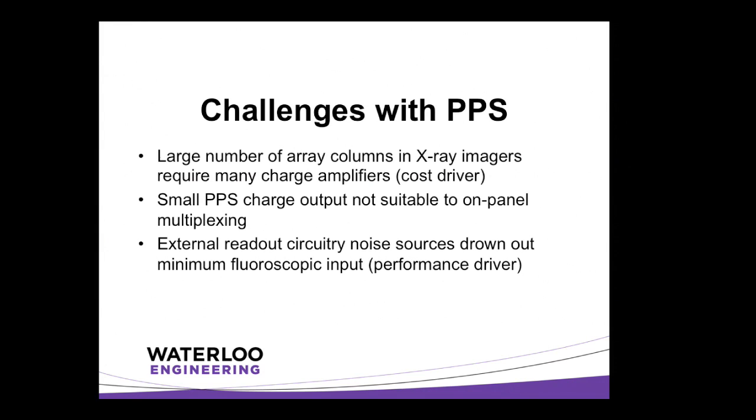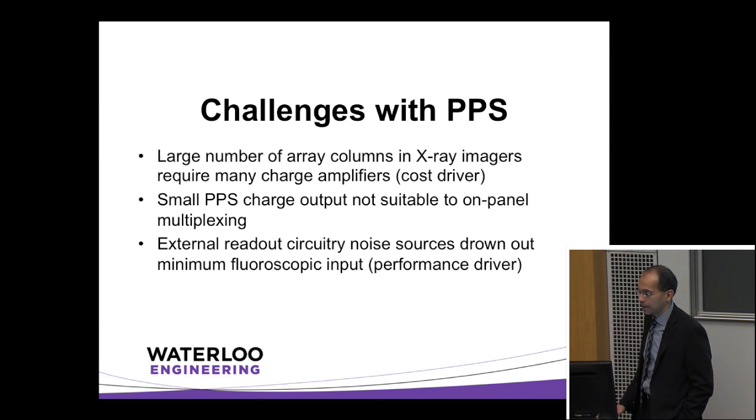Two, the charge output of the passive pixel is not suitable to multiplexing, and multiplexing is important if you want to drive costs down. And lastly, the electronic random noise, stochastic noise, that is generated on each pixel ends up drowning out the minimum signal for some modalities, like in fluoroscopy. So it also ends up affecting your performance. There's a performance problem in this technology as well.